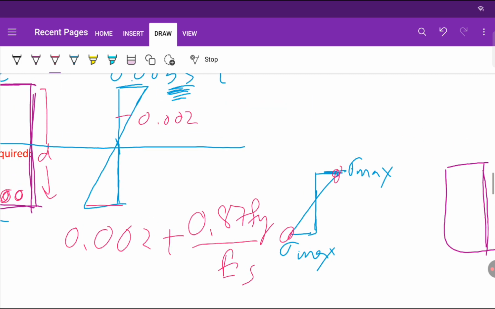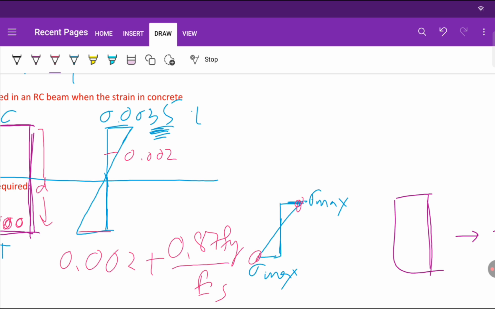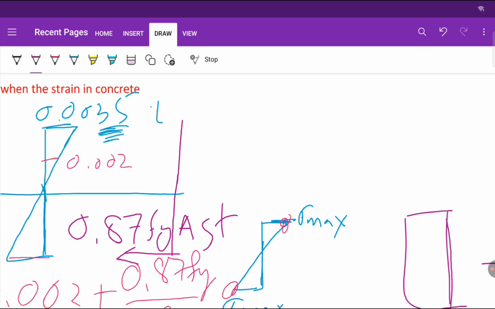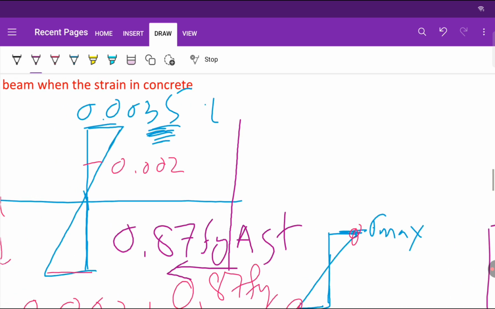Okay, now see the stress diagram. So here the tension force will be there, 0.87 Fy AST. Okay, this is the neutral axis depth, right?